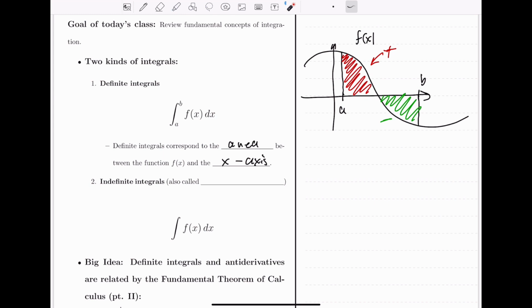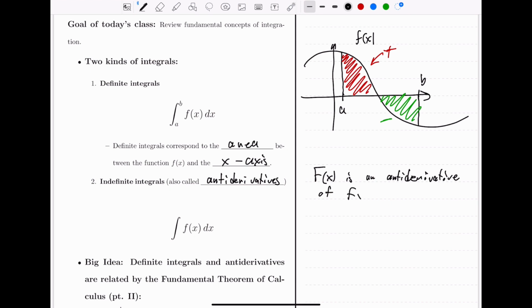The other main type of integral is an indefinite integral, and there's another name for these. They are also called antiderivatives. So let's really quickly write down what an antiderivative is. We say that a function capital F is an antiderivative of a function small f if the derivative of capital F equals small f of x.